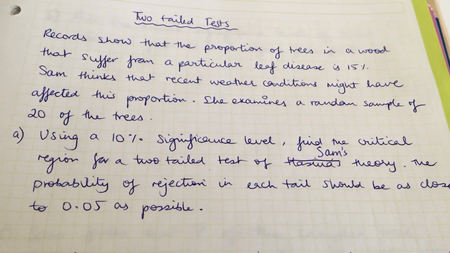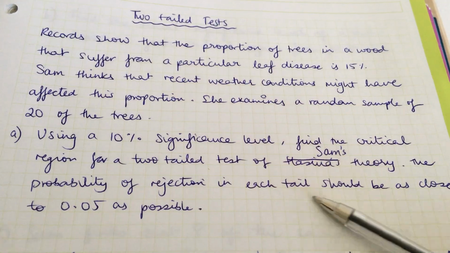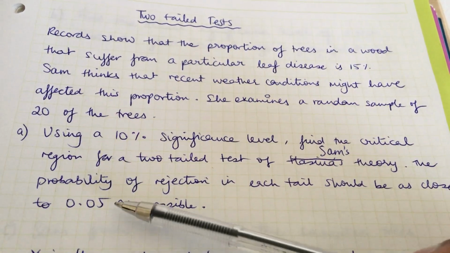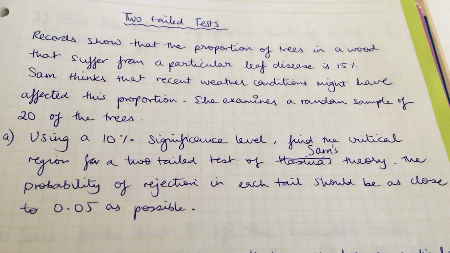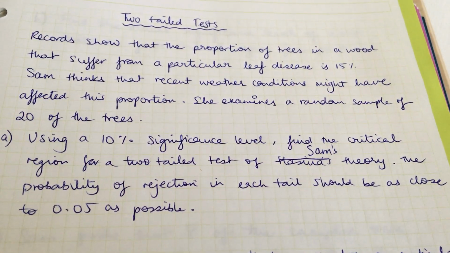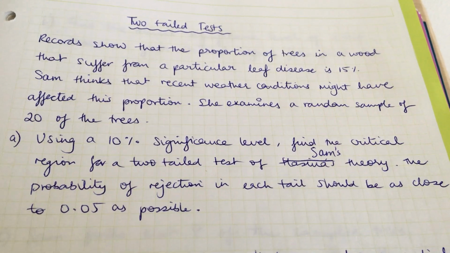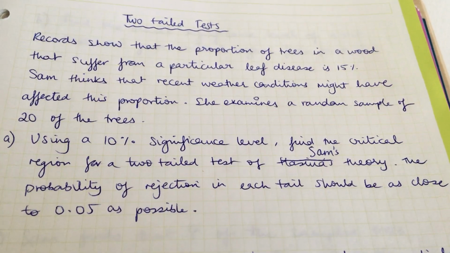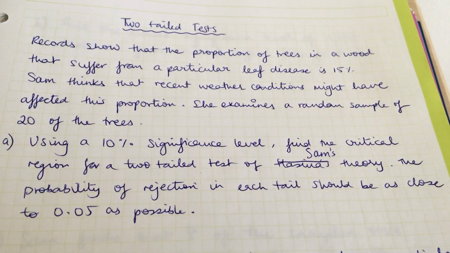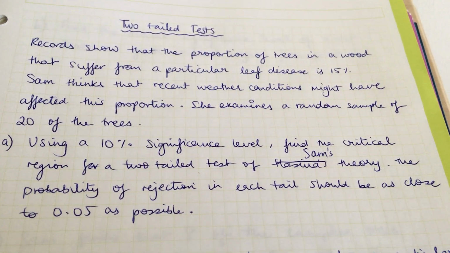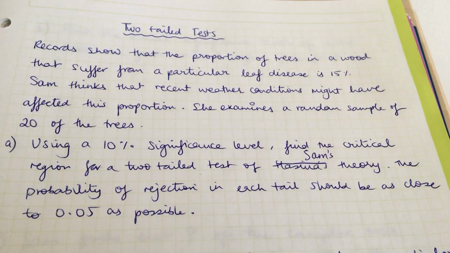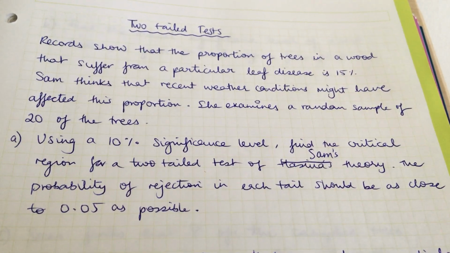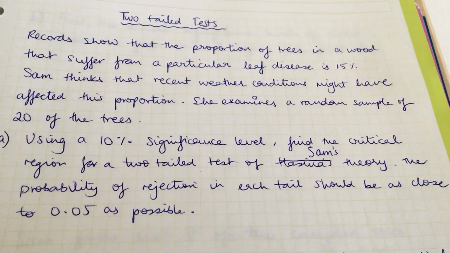Now in this case, as you can see, the significance level has already been split up here. Now, normally we reject the null if the probability of an outcome that we have obtained is less than that significance level. However, in this case, we've been asked that the probability of rejection in each tail should be as close to 0.05 as possible. So we're going to be putting that to test and having a go.